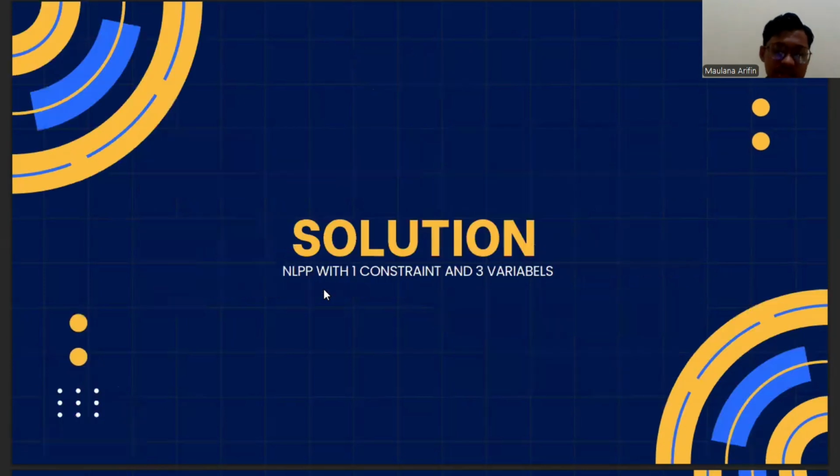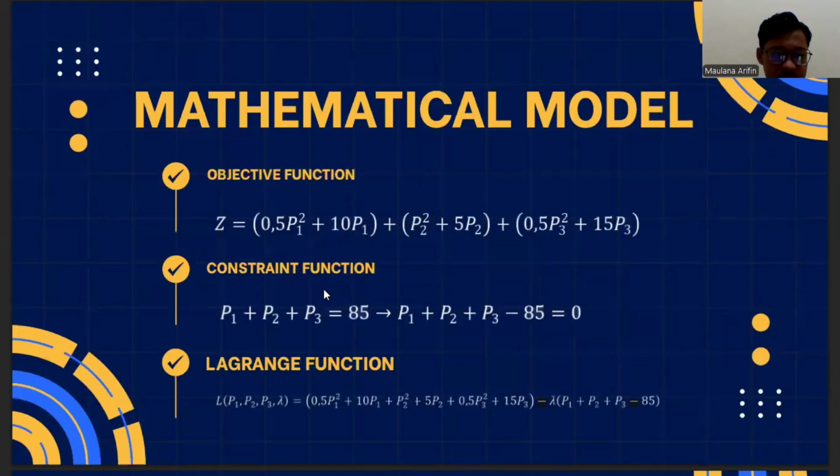And the solution from the case, an NLPP with one constraint and three variables. We begin the solution by building the mathematical model. First, the objective function, with Z equals 0.5 P1 squared plus 10 P1 plus P2 squared plus 5 P2 plus 0.5 P3 squared plus 15 P3.